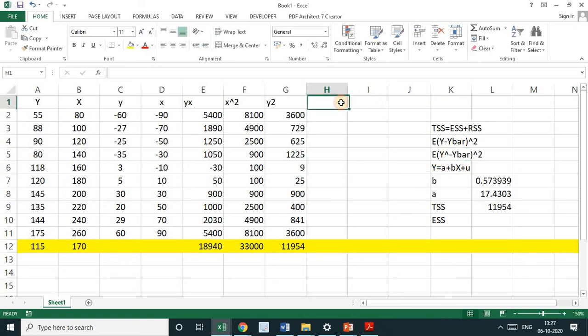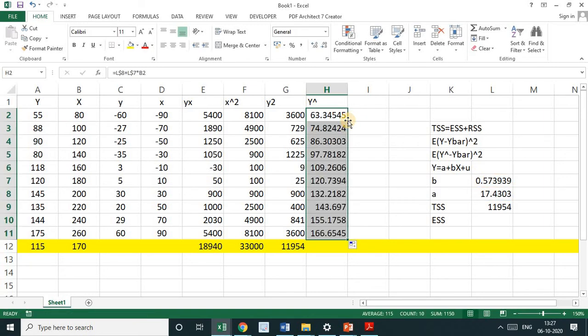For that you have to find y cap first. So what is y cap? Y cap is equal to A plus B into X. It is 63 point something. Then if you do it for all, you have got y cap.